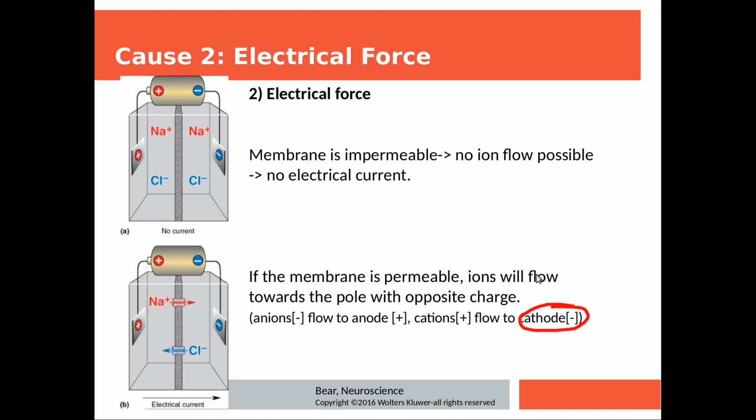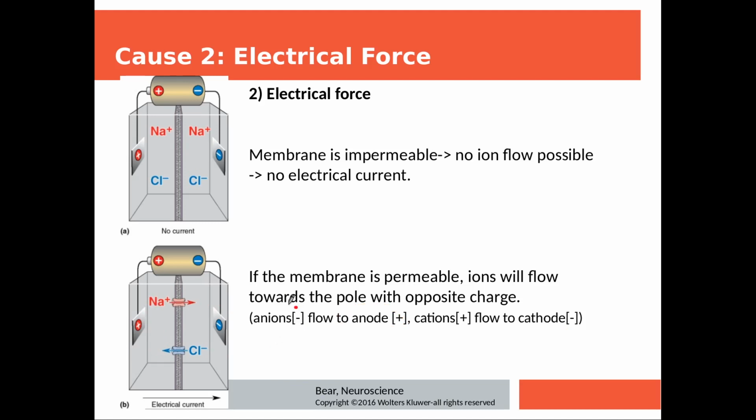I don't like introducing new terminology. I know English is a second language for a lot of you, but traditionally, the cathode is the negatively charged side of the battery, and the anode is the positively charged side of the battery.